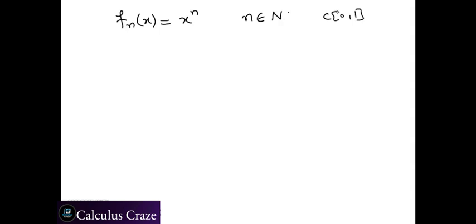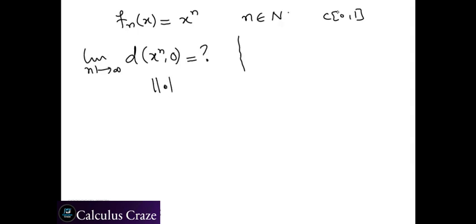Your task is to show that the distance between xn and 0 is, so I must say, the limit as n tends to infinity. Compute this and show it, but taking the two norm. So you have to take the two norm here, and also try to see what this distance between xn and 0 is.